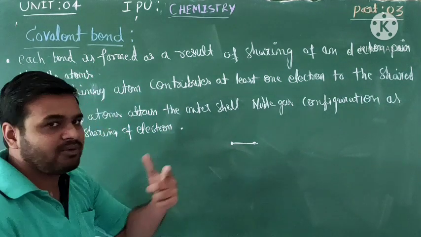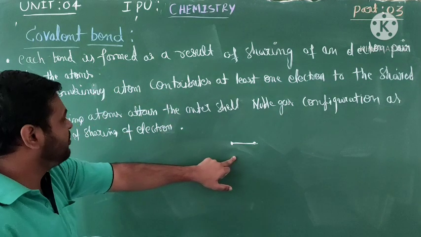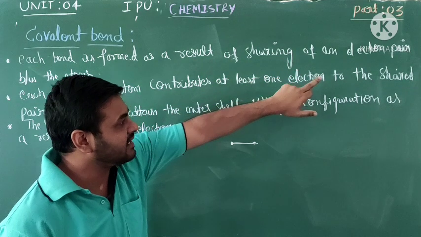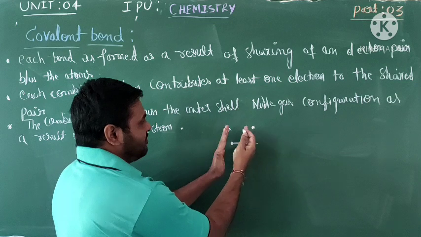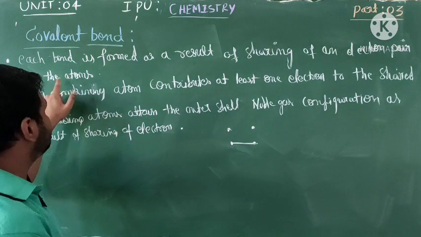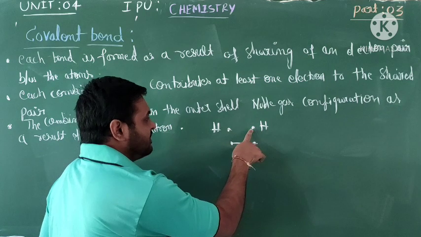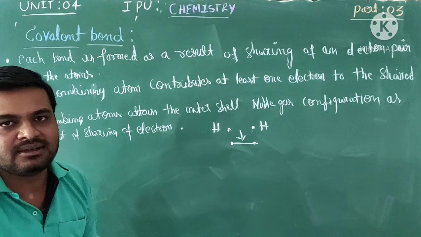This is called an electron pair between the atoms, and the pair is joining to form a covalent bond.